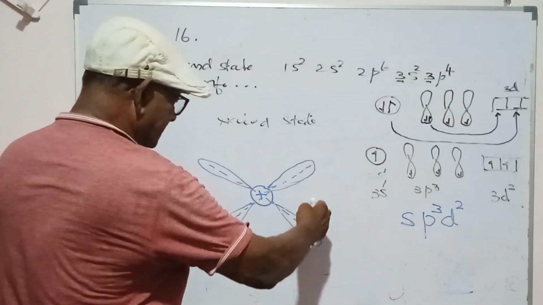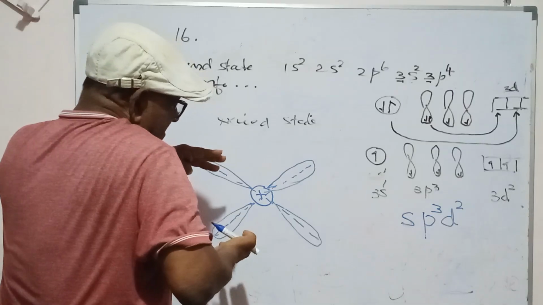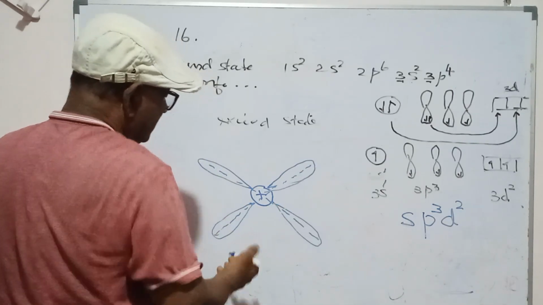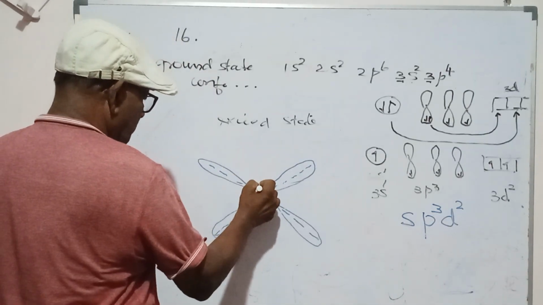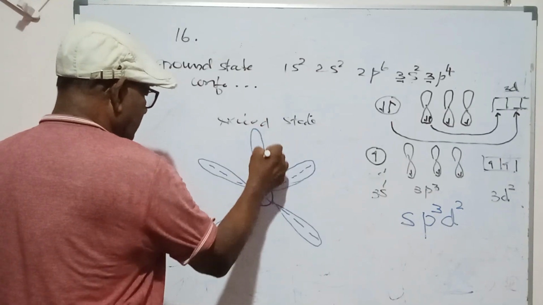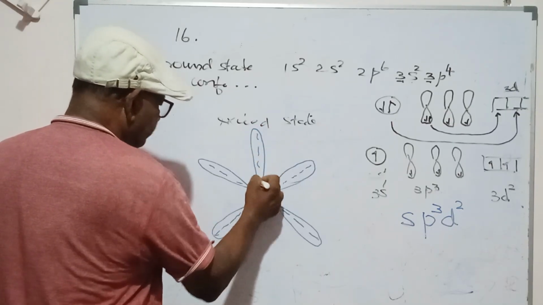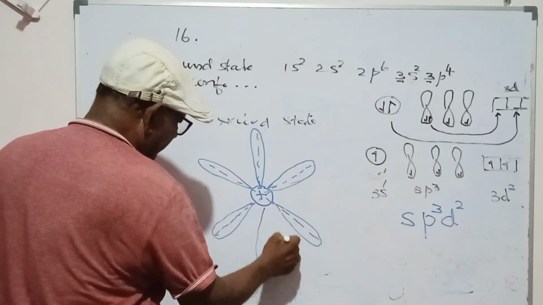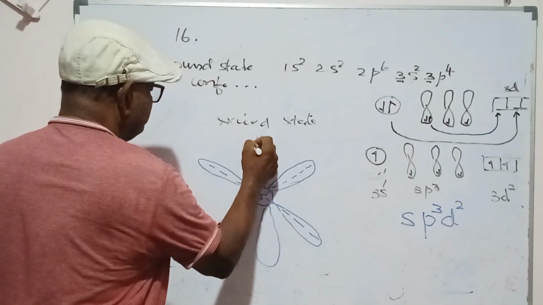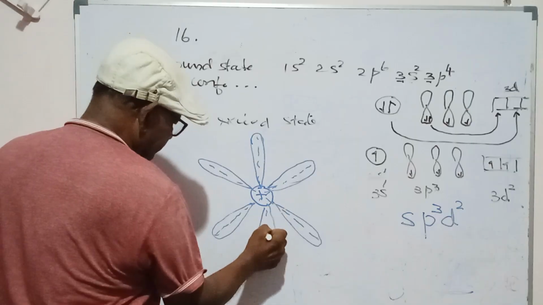All 4 orbitals are in the same plane, the square plane, and the other 2 are perpendicular to that plane. This is the arrangement.